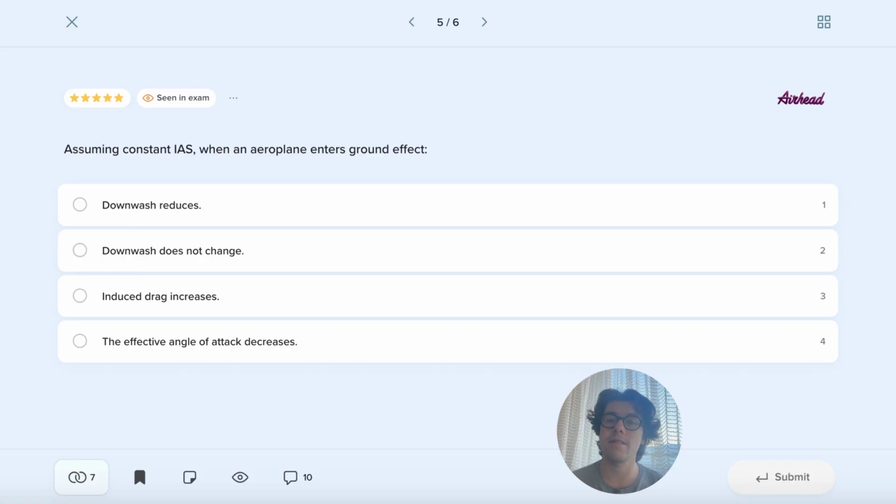And this means that our induced drag starts to drop significantly when we are one wingspan away from the ground. For the exam's sake, remember also that this effect is particularly strong for low-winged aircraft, because the closer we are to the ground, the more amplified this effect will be.